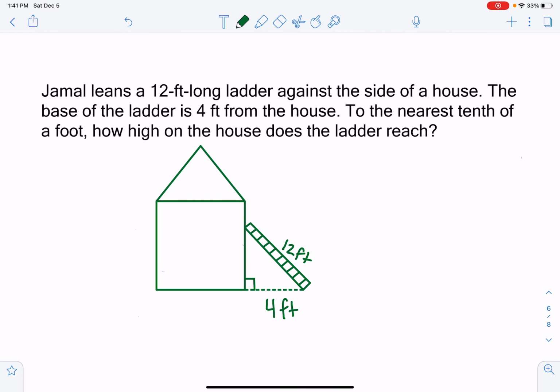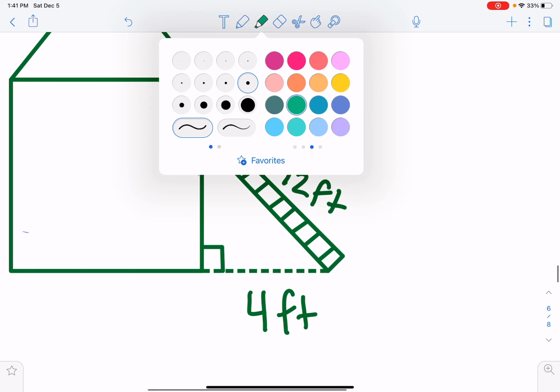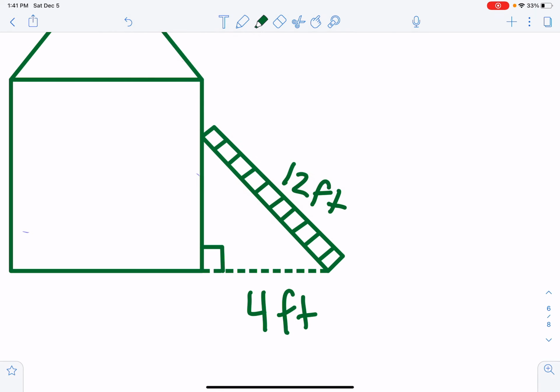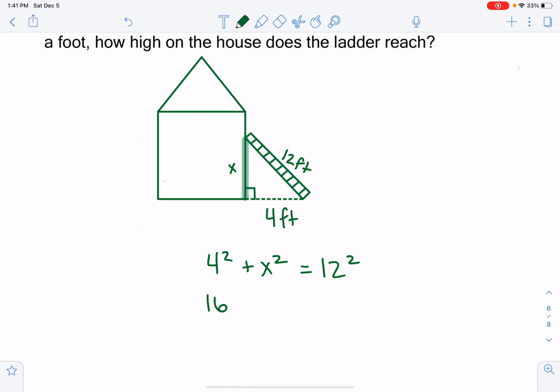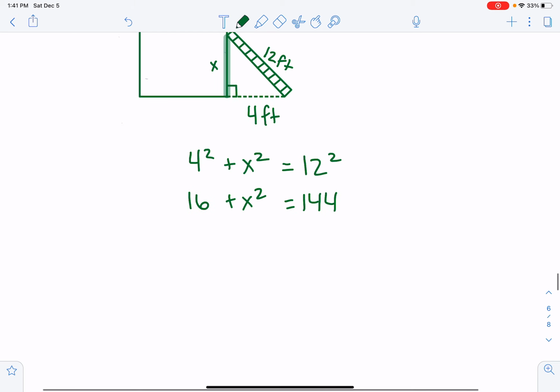So they want to know how high on the house does the ladder reach. So this is what we're looking for. We'll call it x. And we can just do Pythagorean theorem. 4 squared plus x squared equals 12 squared. So 16 plus x squared is 144 minus 16.